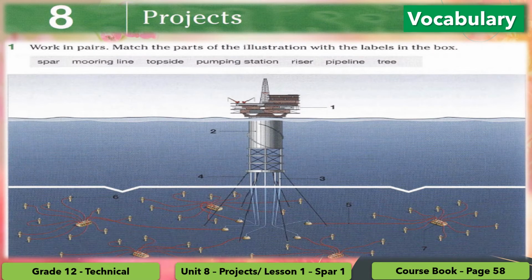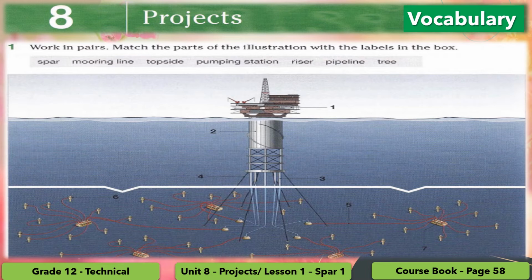Dear students, please now let's begin with exercise 1 from your course books, page 58. In this exercise, we have a picture and we have to match the parts of the illustration with the labels in the box. Let's have a look at the words we have in the box.